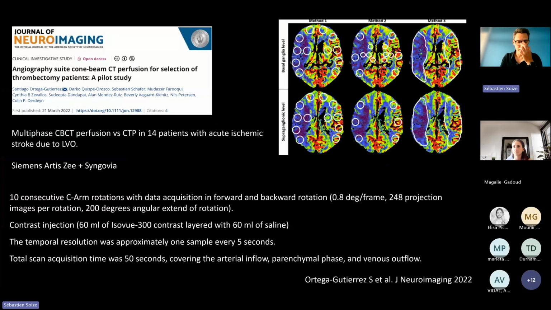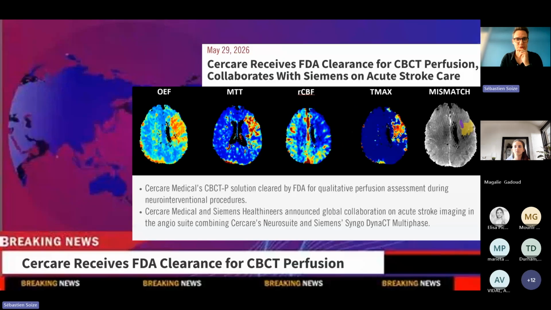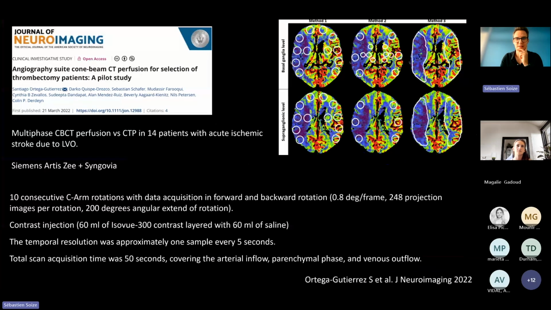Let's go a little bit deeper in the history of cone beam CT perfusion. So I showed you that now we can have such maps like this, which are automatized with the CERCare solution. But it started like this with small regions of interest, very small studies.